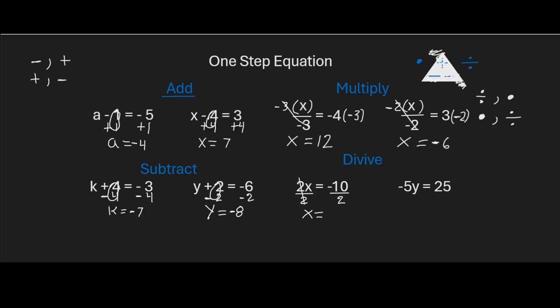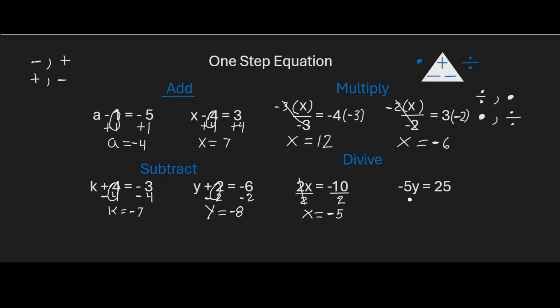Can you see that the answer is going to be negative? After I know the answer is going to be negative, then divide the two numbers, 10 divided by 2. That tells you that the answer should be negative 5. So we're always going to be doing the opposite, but just be careful with the sign. You've got to do both.